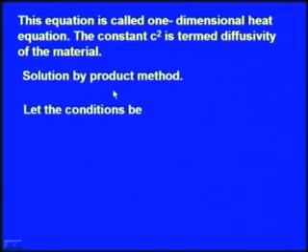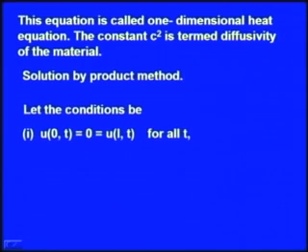We are now going to find the solution of this one dimensional heat equation by the product method, or the method of separation of variables. So, let us assume the conditions as follows. Let us assume that at the end x equal to 0 of the uniform bar, the temperature is 0 for all time t, and the same is true at the other end, that is, at x equal to L the temperature is again 0 for all time t.